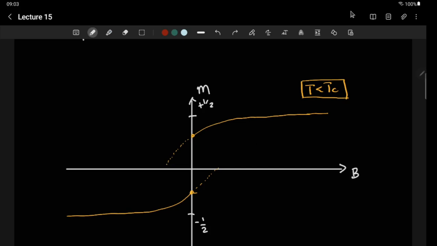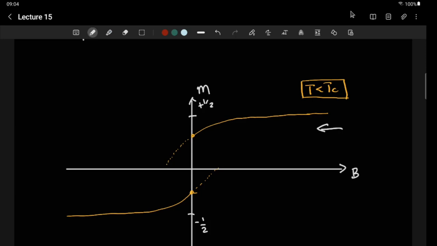If you just naively extrapolate what I've shown with dotted lines, last lecture I drew it properly. If you start from a large B and go this way, you'll have some residual magnetization, which is some positive number. If you further reduce B, you will go along this dotted line.